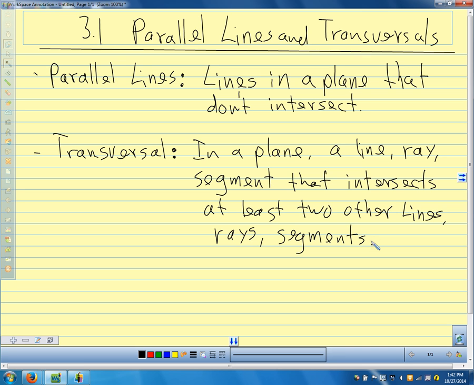So if you look at that picture in the middle of your graphic organizer, you see two parallel lines and one line that's intersecting both of those. So that's what we're talking about with a transversal. A line, segment, or ray that intersects two other lines, rays, or segments.